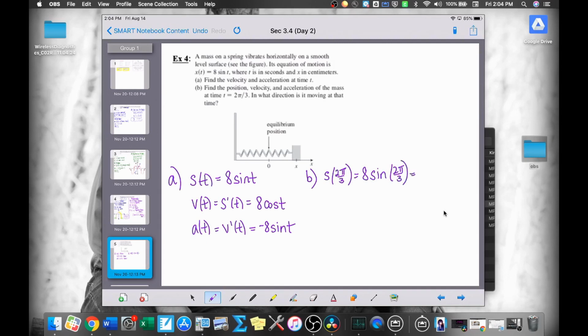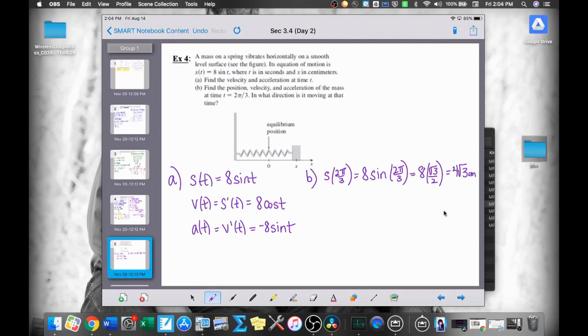The sine of 2 pi over 3, when you look at your unit circle, is square root of 3 over 2. So this is going to be 8 times the square root of 3 over 2. 8 divided by 2 is 4, so this simplifies to 4 square roots of 3. And if we're talking about position, then we know that our units here are going to be centimeters.